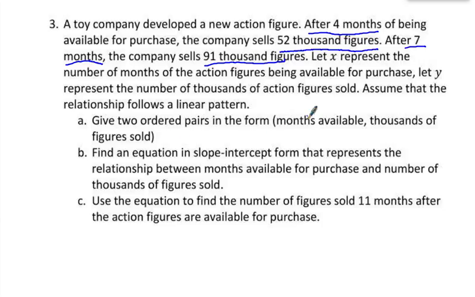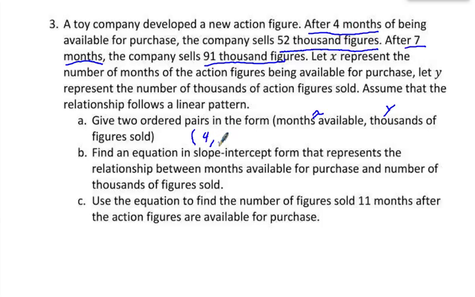Two ordered pairs. X is the months available, and Y is in thousands of figures sold. So we got to find our ordered pairs. Again, each sentence will give us an ordered pair. The first sentence that talks about it is 4 months. That's a time of months available.